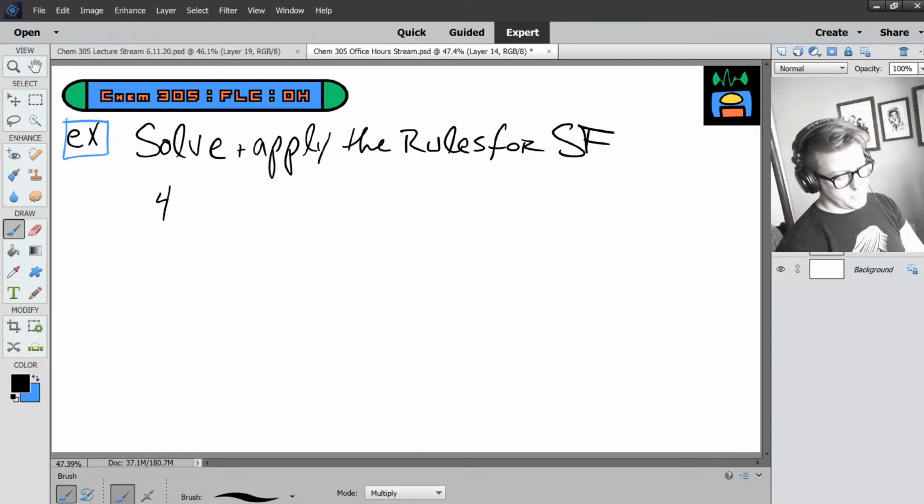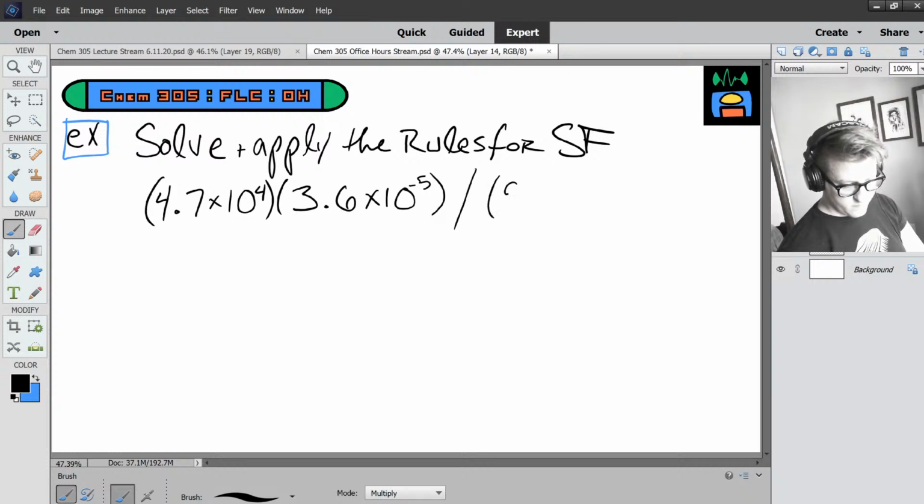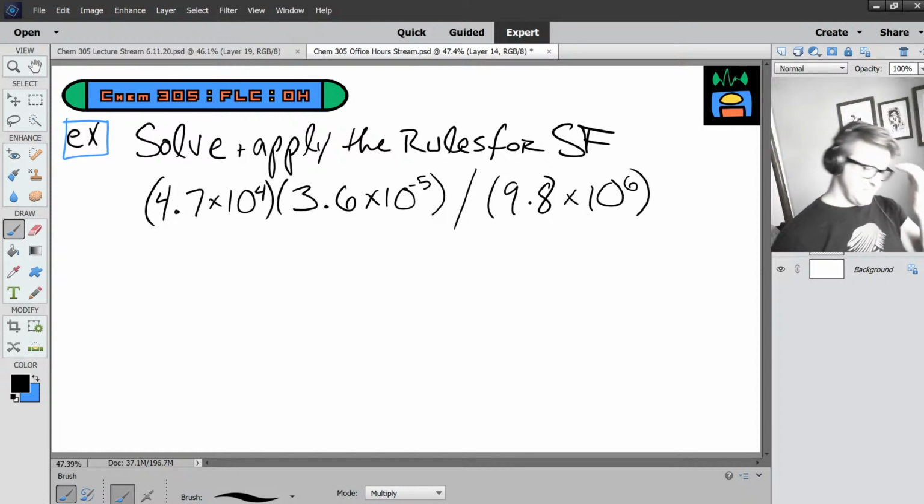Let's do 4.7 times 10 to the 4th, parentheses, times 3.6 times 10 to the negative 5 divided by 9.8 times 10 to the 6th.